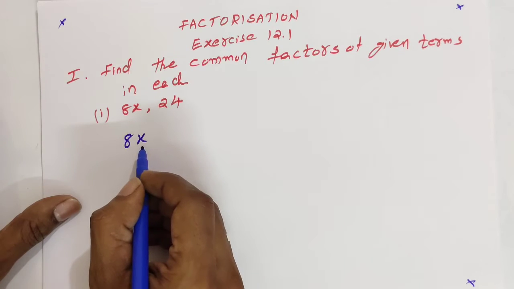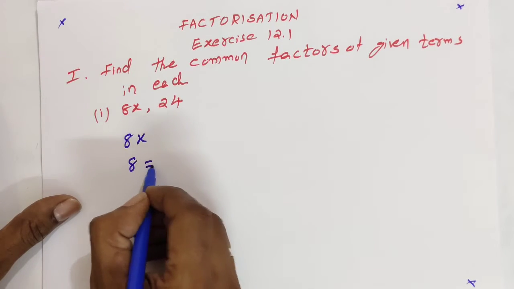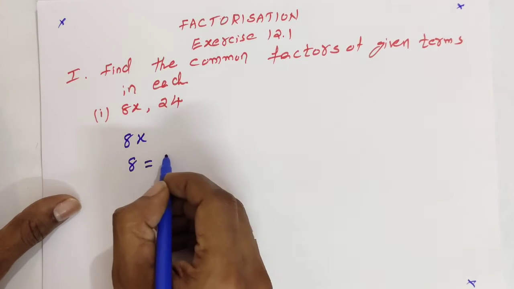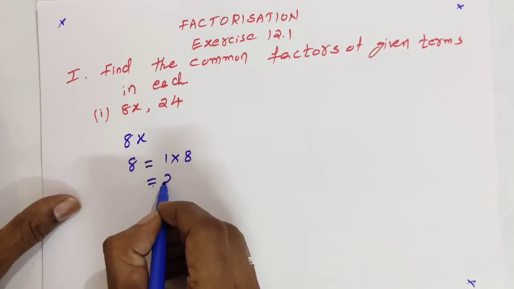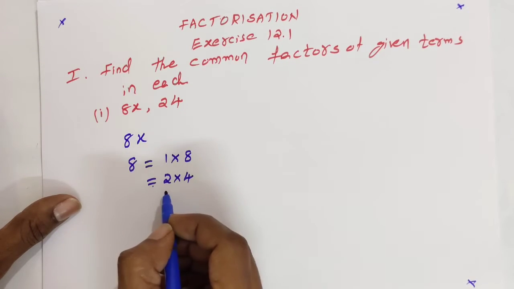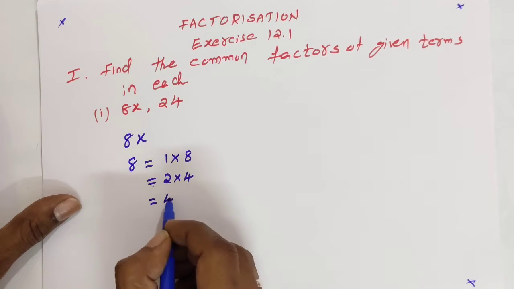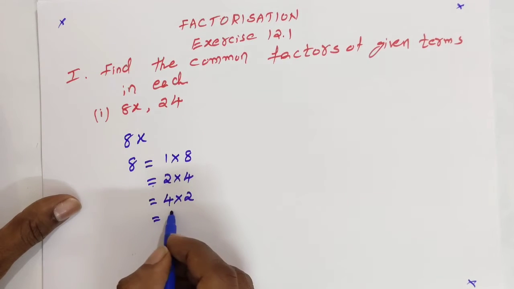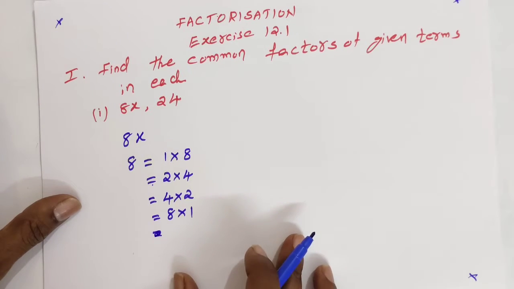Already in this we have 8 and x as factors of 8x, and then again we have to write the factors of 8. 8 can be written as 1 into 8, 2 into 4, 4 into 2, 8 into 1. So these are the factors of 8.